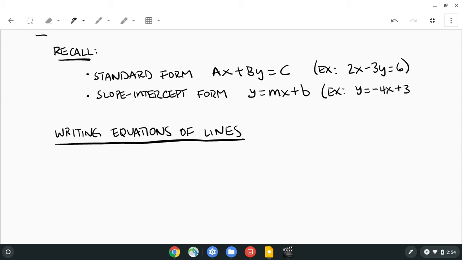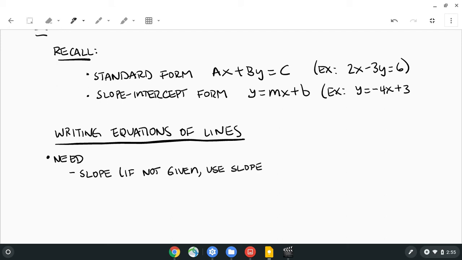When you're writing the equation of a line, you always need the slope. If the slope is not given, then use the slope formula.